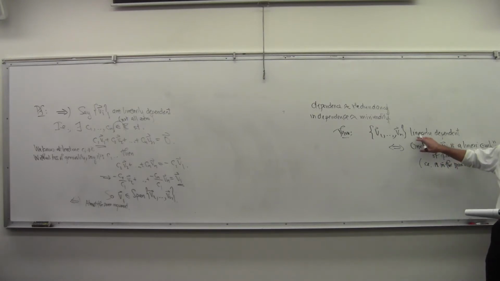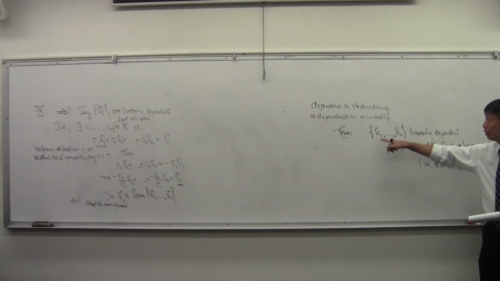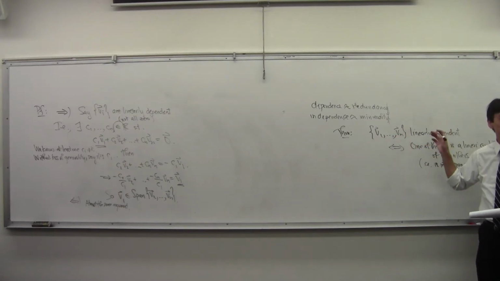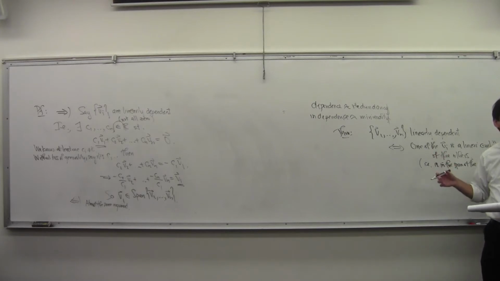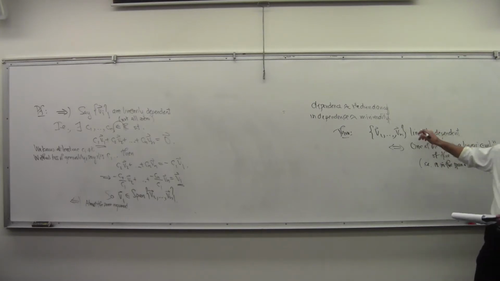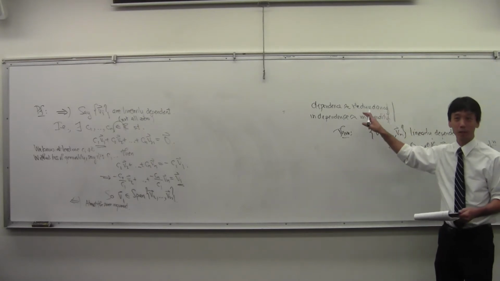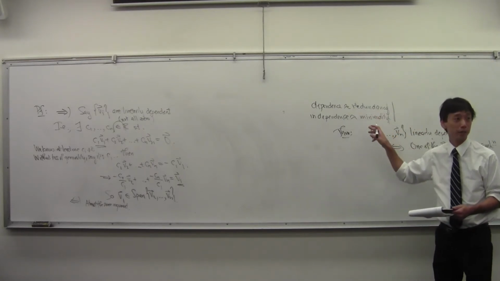Linear independence means that no one vector is in the span of the others. In other words, you've got the minimality. So this statement is really sort of codifying this analogy here.